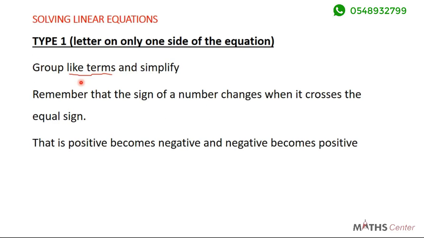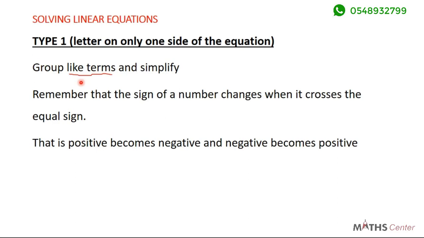So let's say you group all the terms with variables on the left side, then you group all the terms without variables on the right side. Now, after you've been able to do that, the next thing is that you simplify what you have.